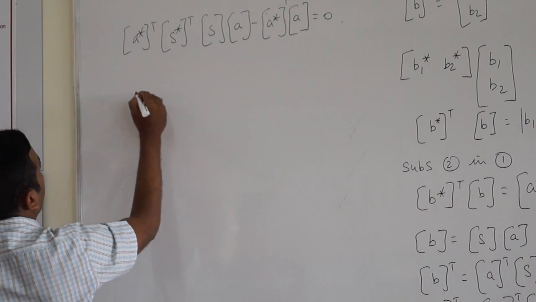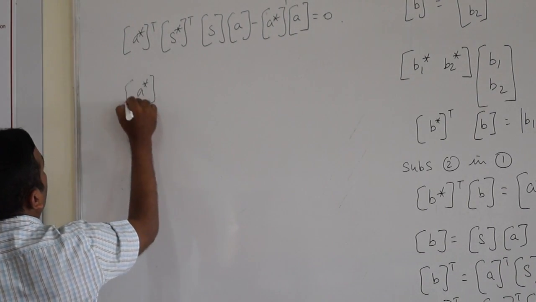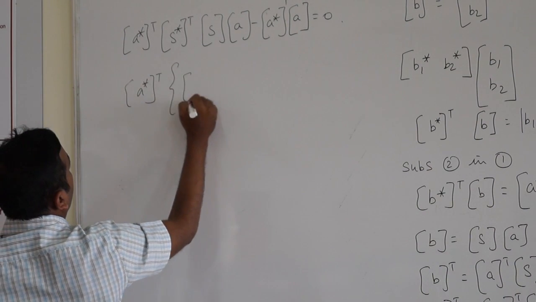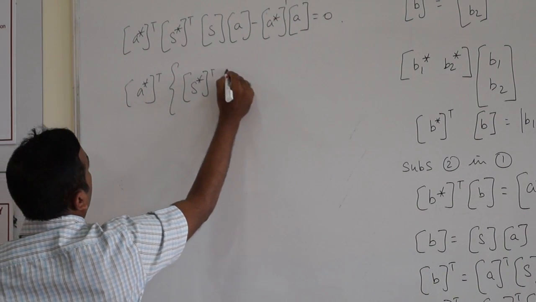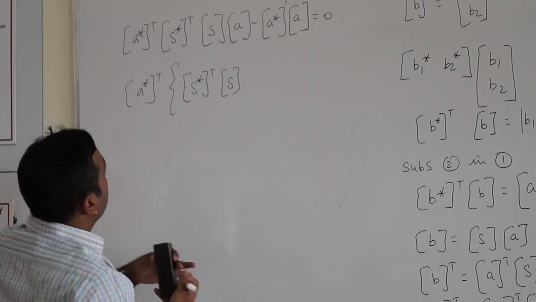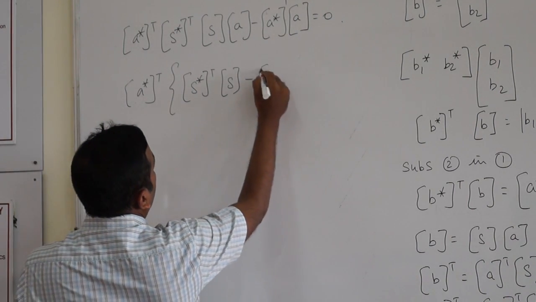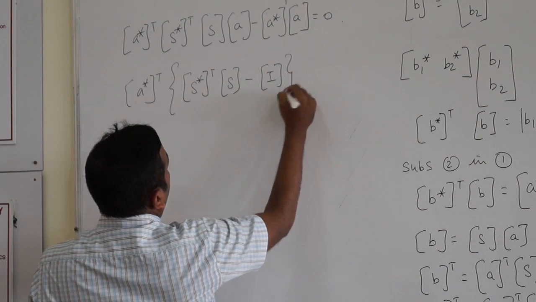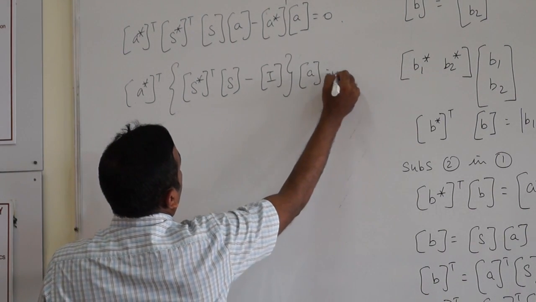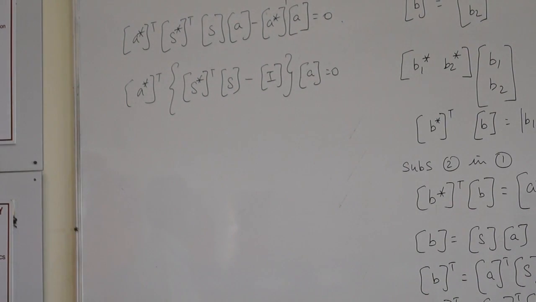You bring this A star transpose outside. A is also common in both terms, so we'll bring it outside. Since it's a matrix, we should bring it to the right hand side: A star transpose (S star transpose S minus I) A is equal to 0.